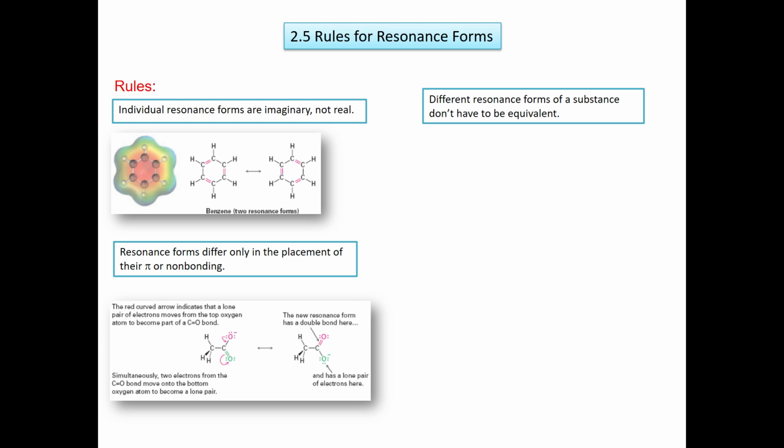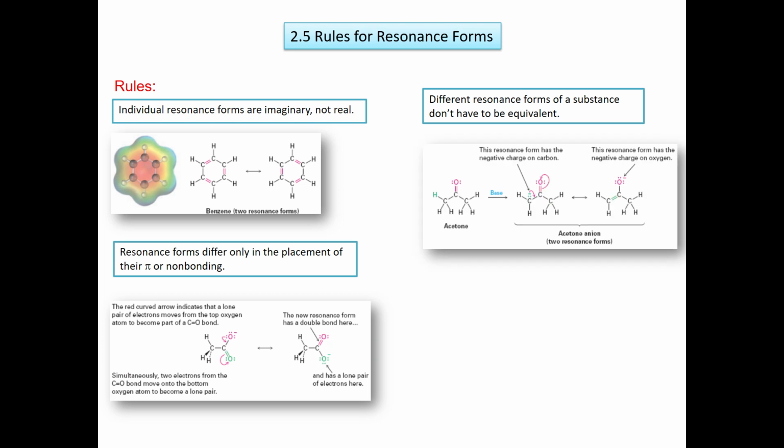Importantly, different resonance forms of a substance don't have to be equivalent. Here you have a very nice example that cannot be equivalent. Okay. If we have acetone and we add a base, we can deprotonate. We can remove one of these protons, forming a negative charge here. That can resonate.